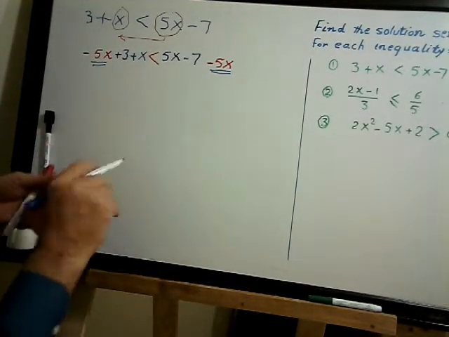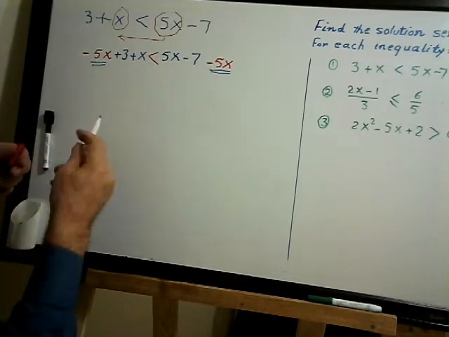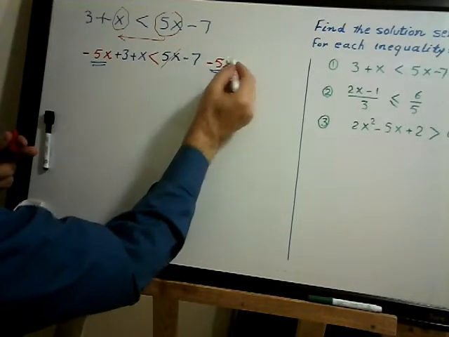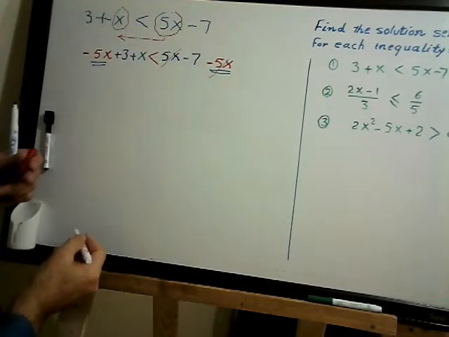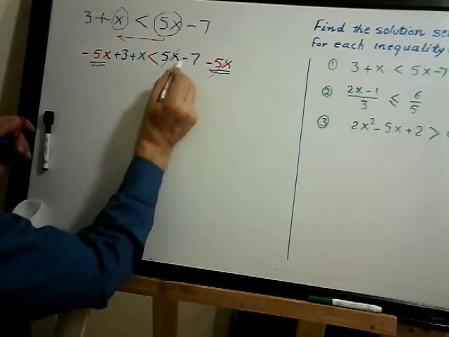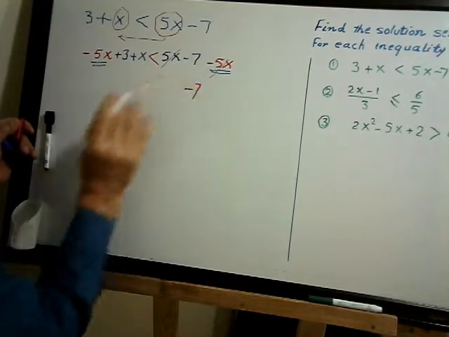This makes a cancellation of 5x and negative 5x, and negative 7 stays in its place.